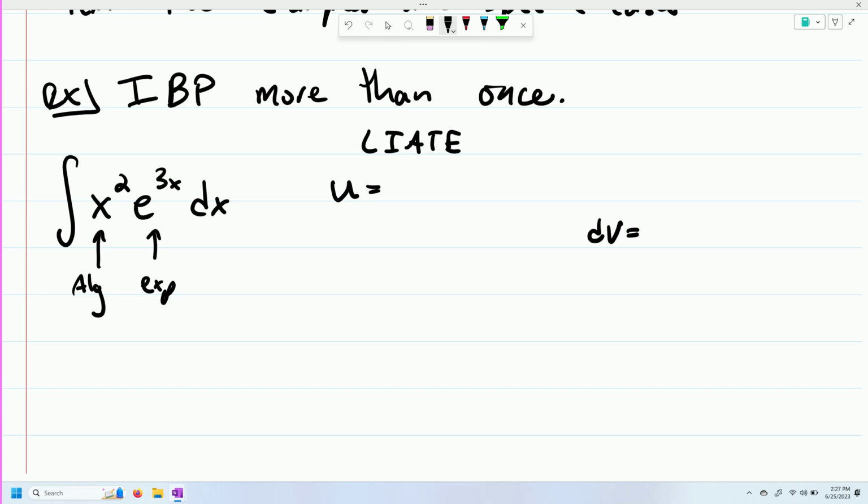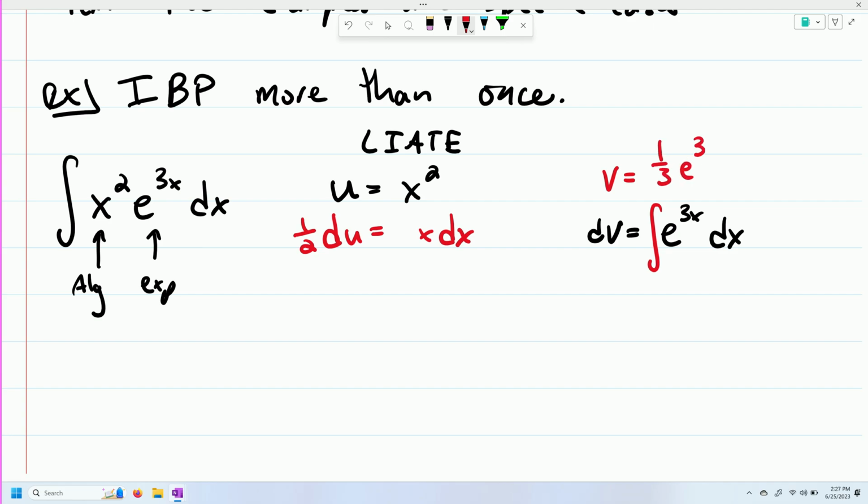Since A comes before E in LIATE, we're going to let x squared equal u, and then dv is going to equal e to the 3x dx, which means du is going to be 2x dx. And remember, I'll divide both sides by 2, so 1/2 du equals x dx. When I integrate e to the 3x dx, I get 1/3 e to the 3x.